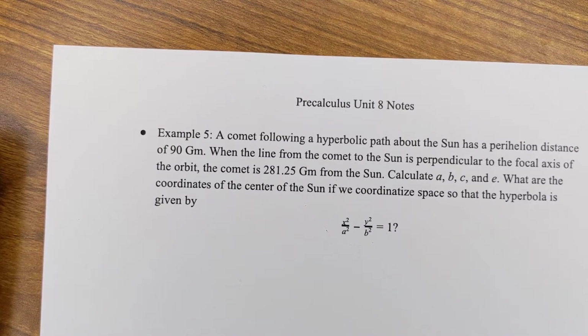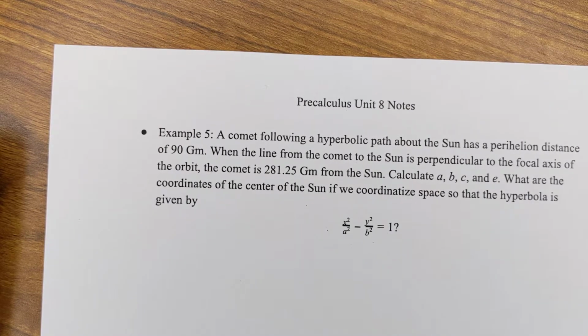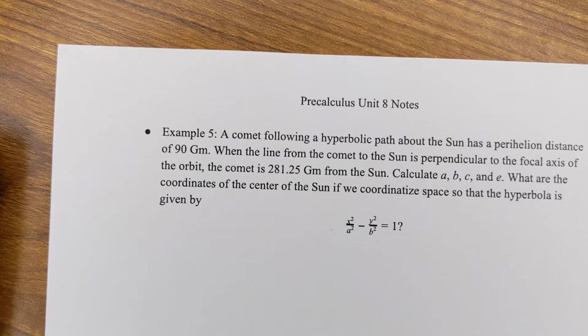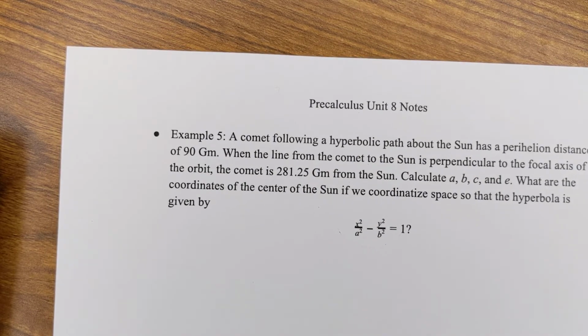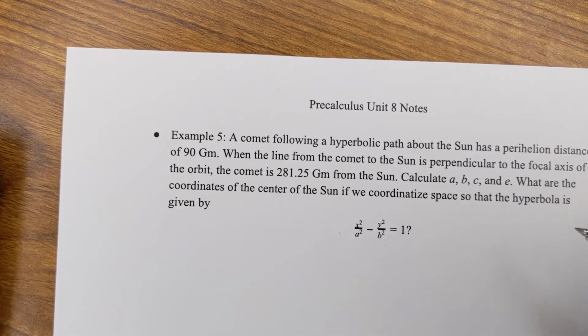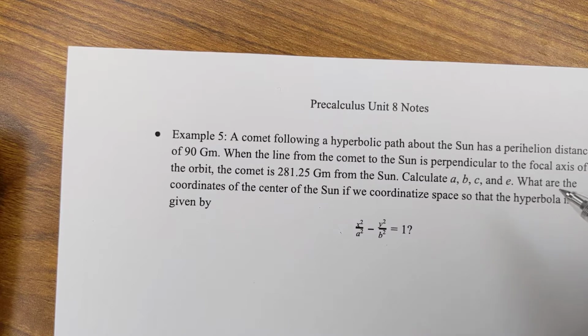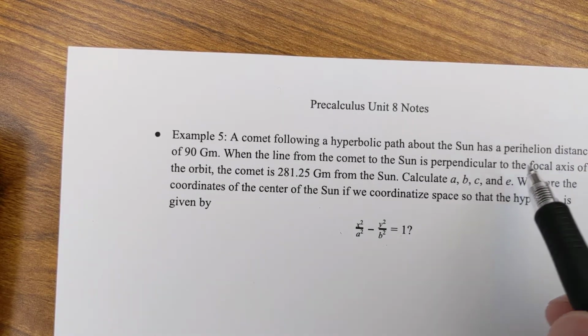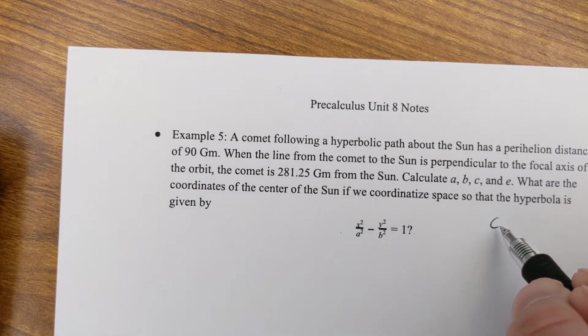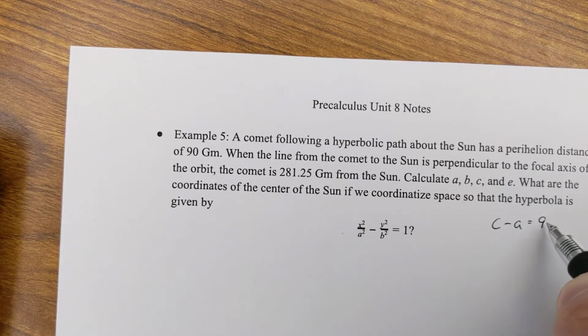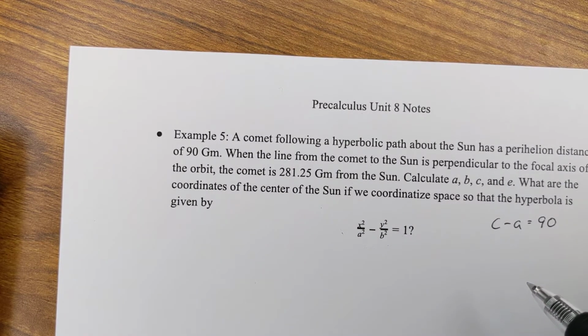Okay, so we need to practice: draw a lovely picture. The closest approach is going to be c minus a. So that's the perihelion distance. So I know that c minus a is equal to 90.